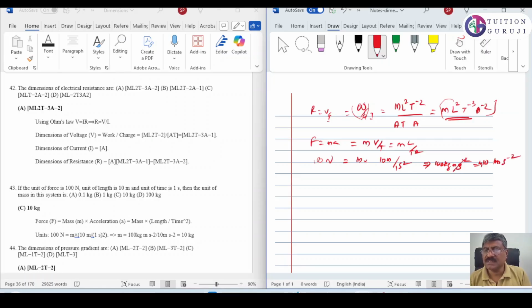So meter second raised to minus 2 gets cancelled, then m is equal to 100 by 10 is equal to 10 kg.